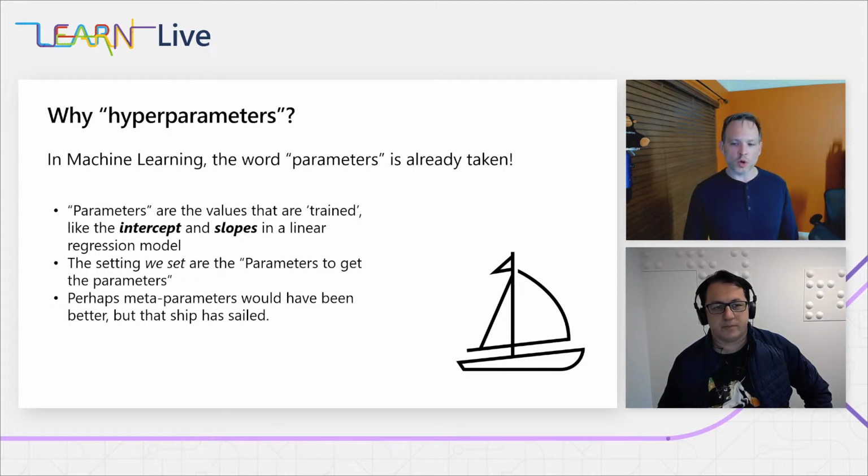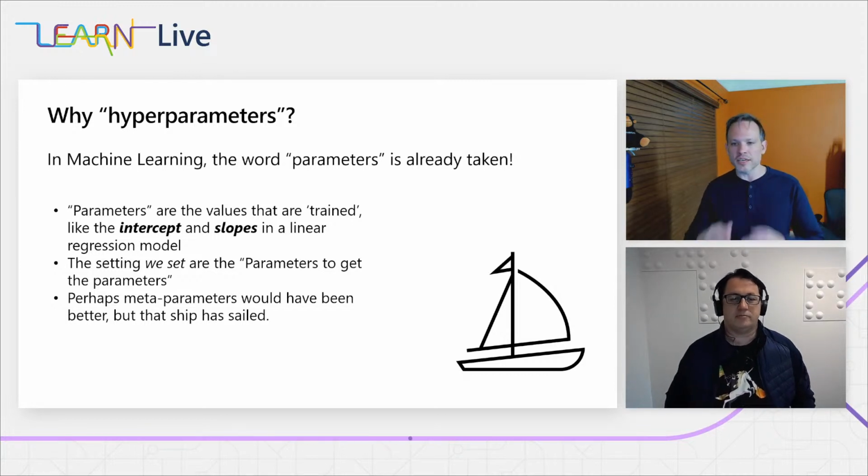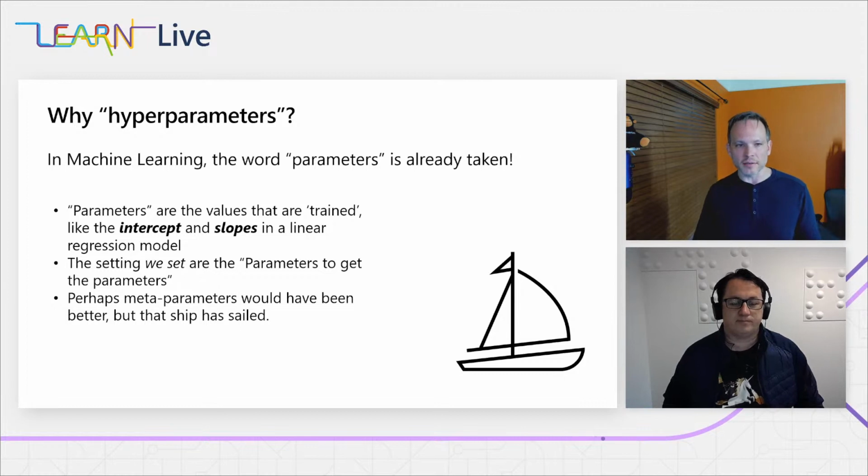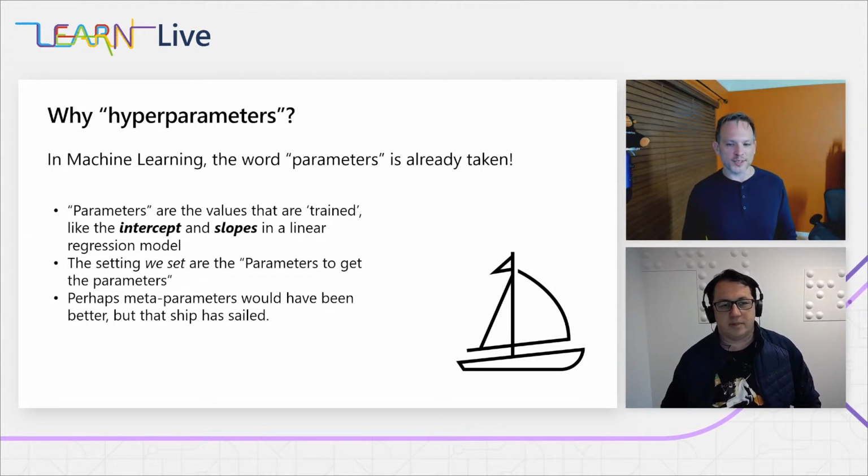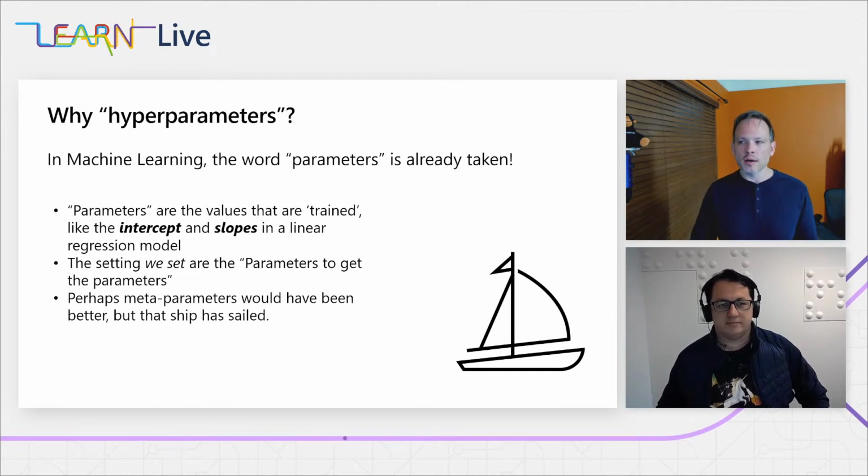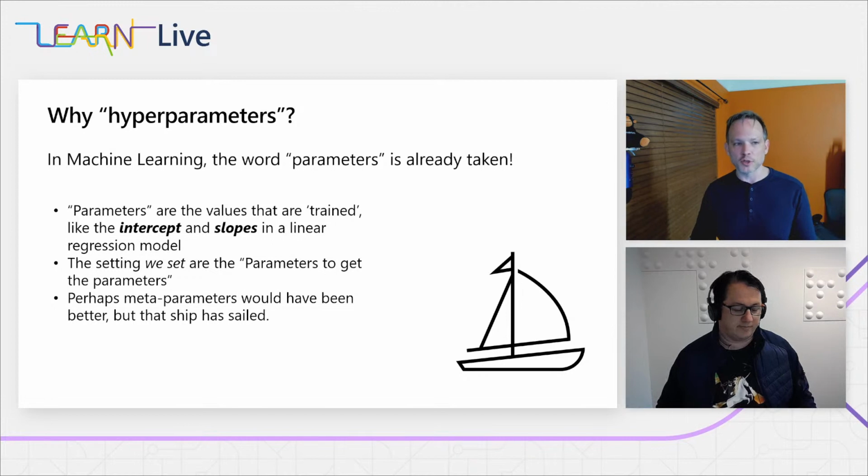In our decision trees and random forests, the parameters are the split points. The training process finds the optimal split points. And so the things that we tweak to help it make decisions about training parameters are the parameters for training the parameters. Hence, they are maybe more parametery.